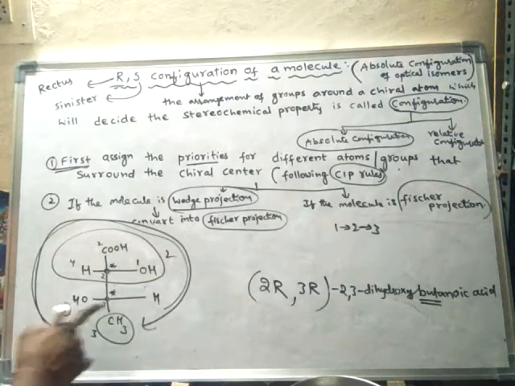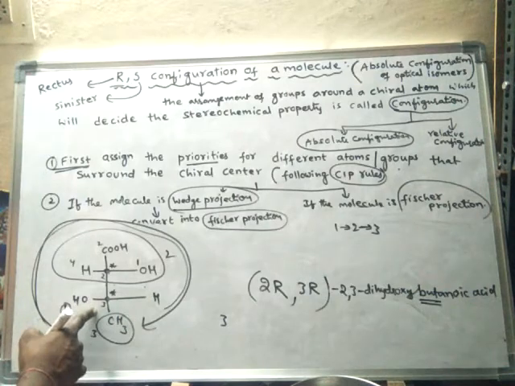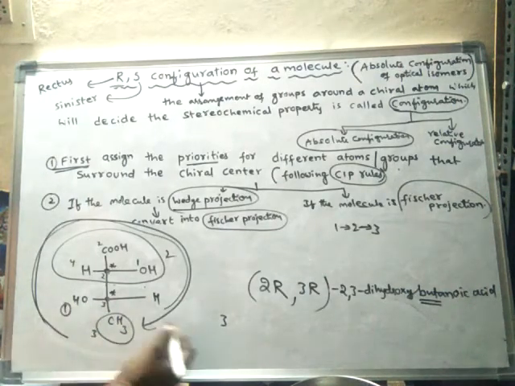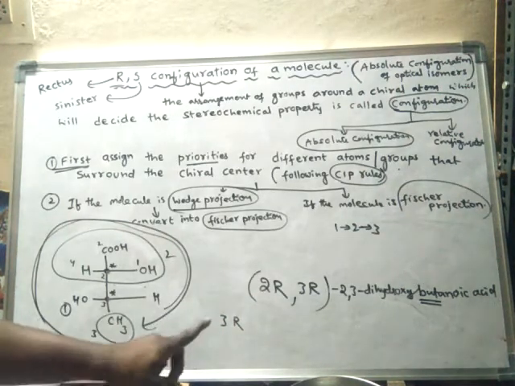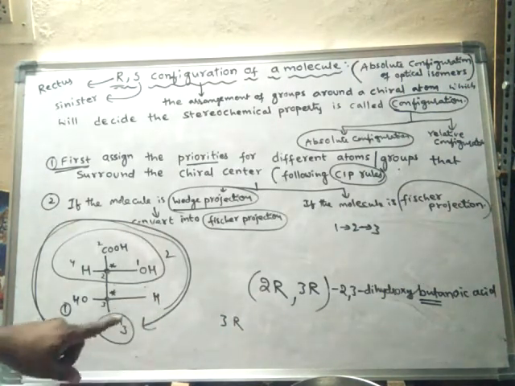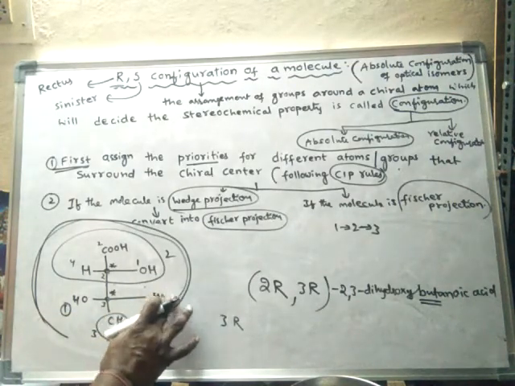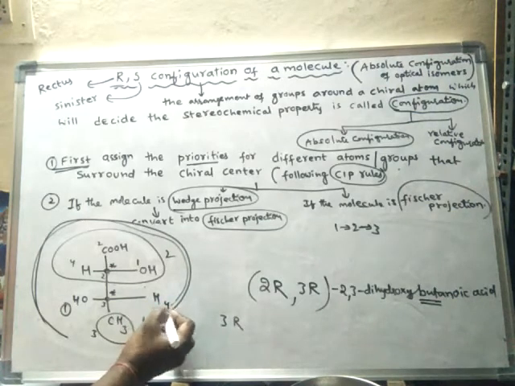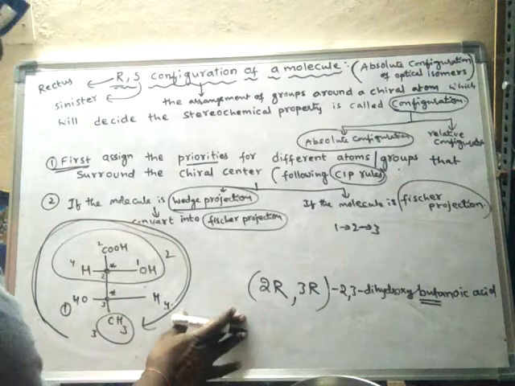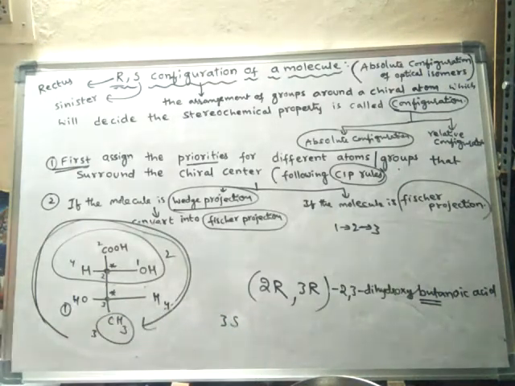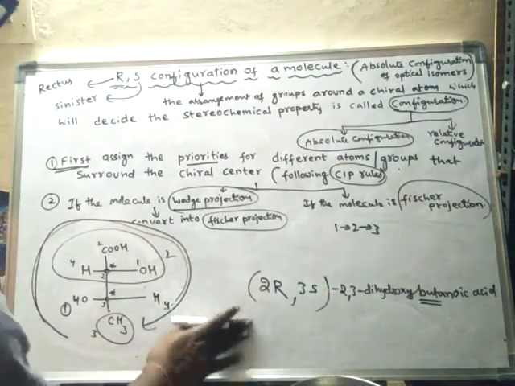Hence, suppose if it is like this, then the third carbon, which is a chiral carbon, has rectus configuration. But we have to check the lowest priority group. Hydrogen is the lowest priority group, priority 4. It is present on the horizontal line. Hence we have to reverse the configuration. So now it will become 3S.